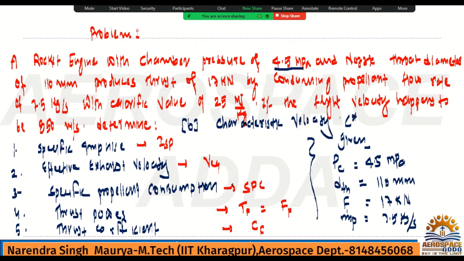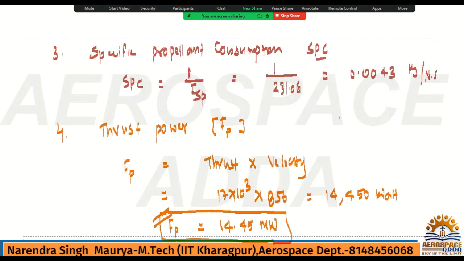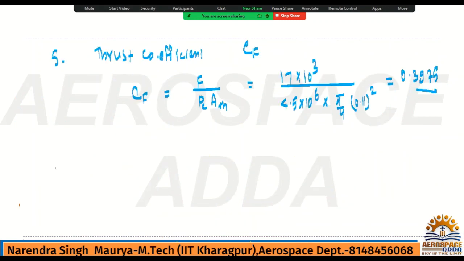C star we need to calculate. So number 6 is nothing but characteristic velocity. What is this? It is C star.